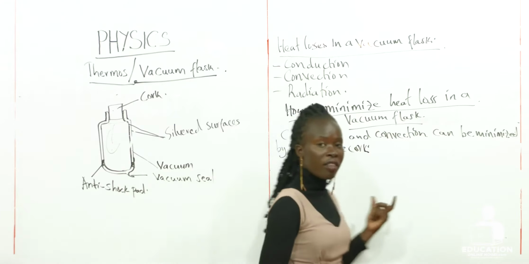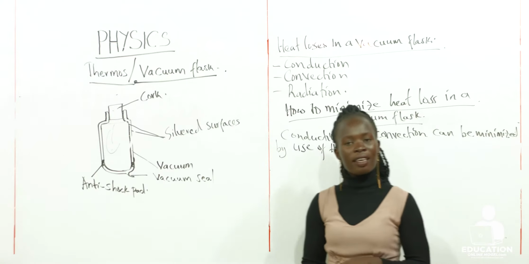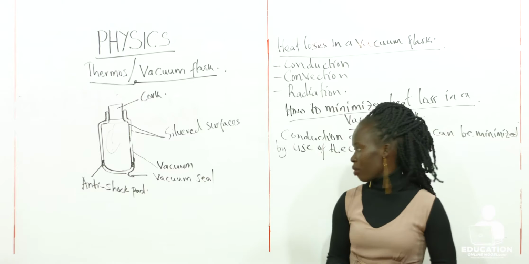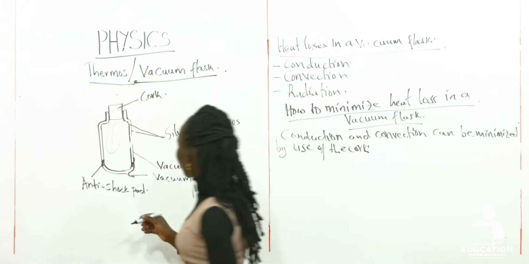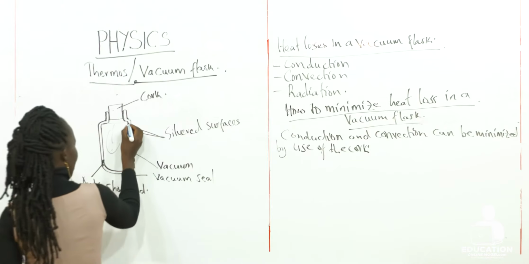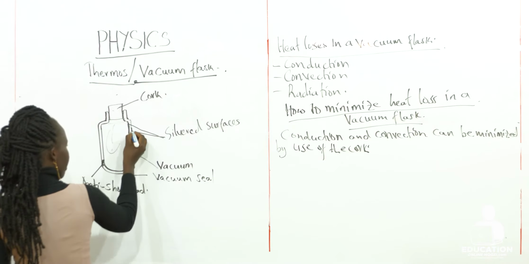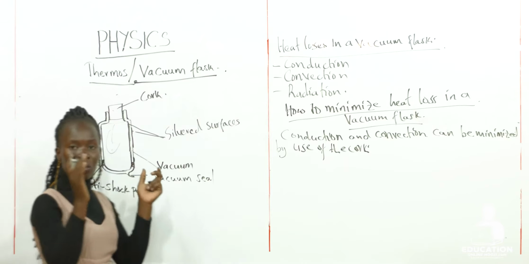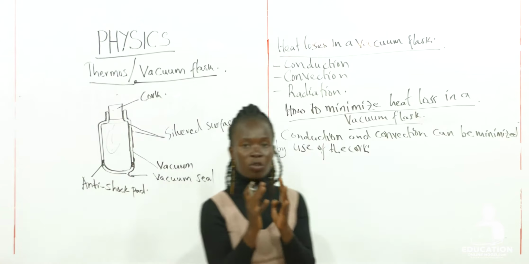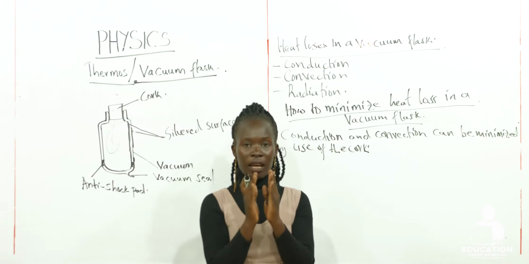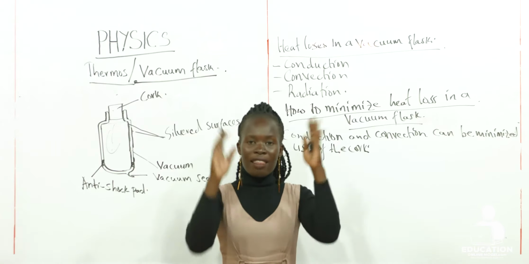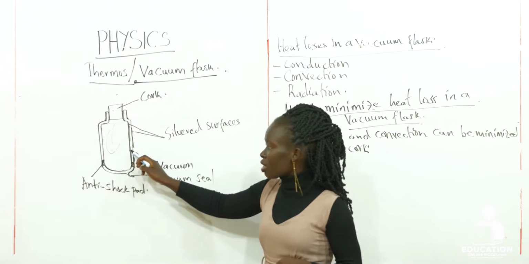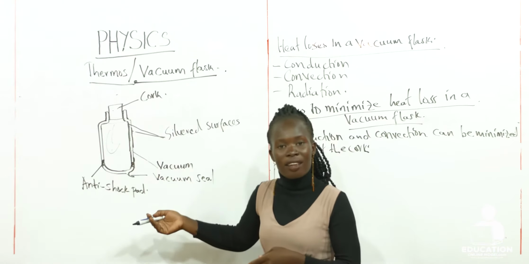It is not only the cork that can minimize that heat loss. We said it needs a material medium. But if you check our flask, it has got a vacuum. The first silvered surface is more like two containers brought together. There is the first container, then there is space, and then the second container. The first container does not actually touch the second container.